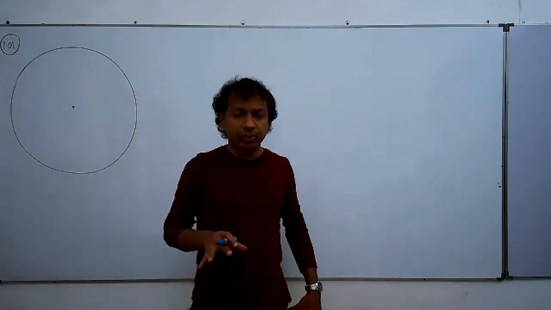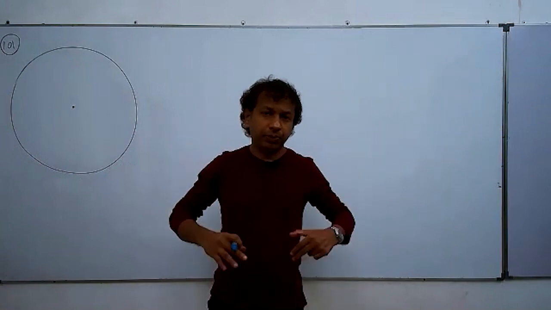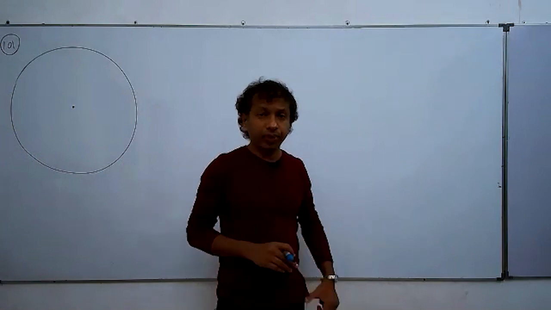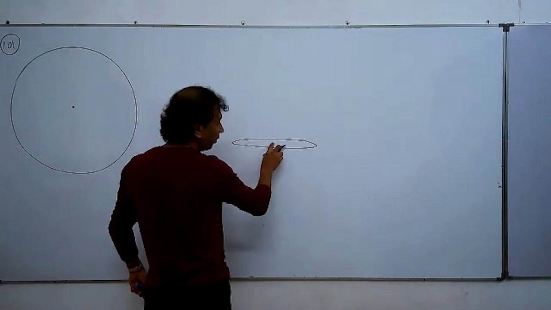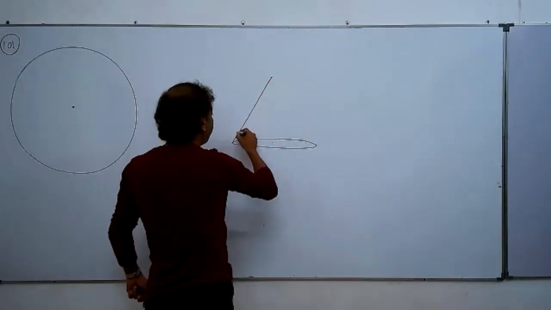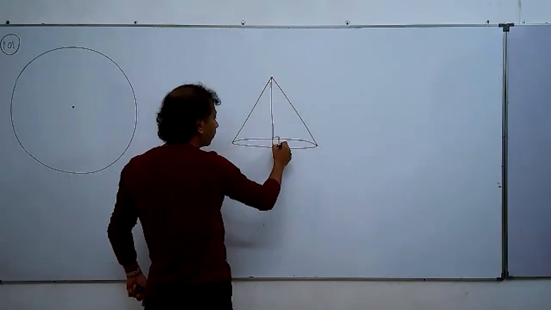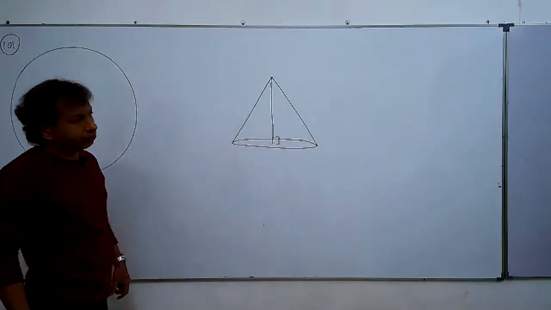In this hollow sphere, people, we are going to keep a right circular cone. You know, cone means this shape, no? Circular means the base is a circle. Right means that when we join the center of the base and the vertex of the cone, this is called the axis, and this axis is perpendicular to the base. This is called a right circular cone.